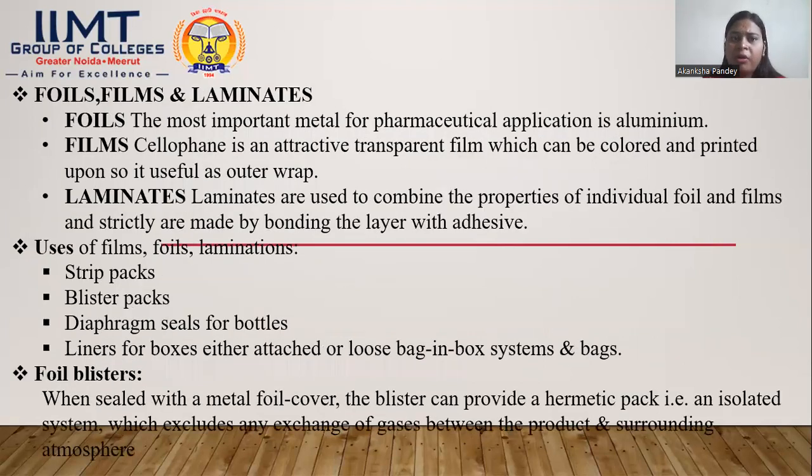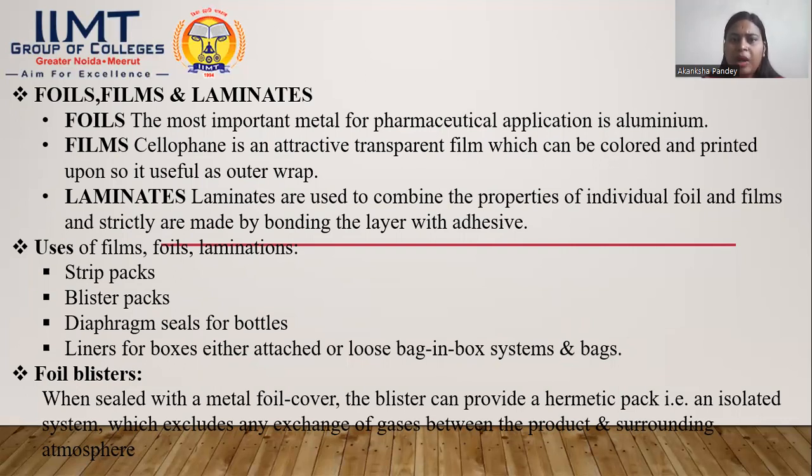If we talk about foils, films, and laminates, they are the most important materials for pharmaceutical application, in aluminum. Cellophane is an attractive transparent film which can be colored or printed upon, so it is used as an outer wrapper.